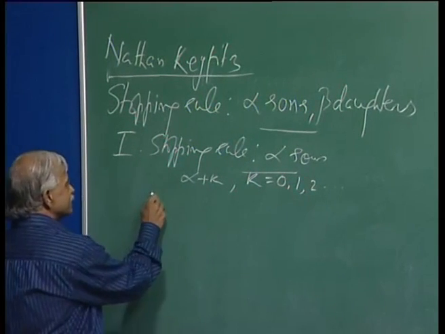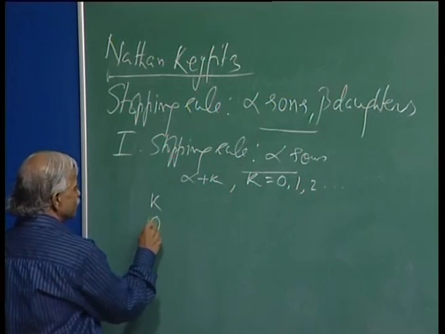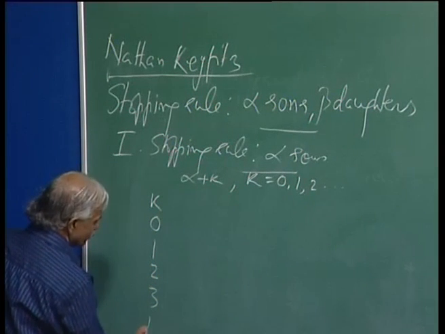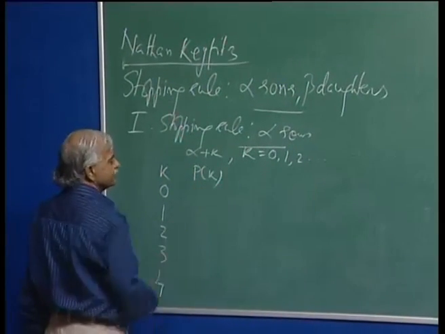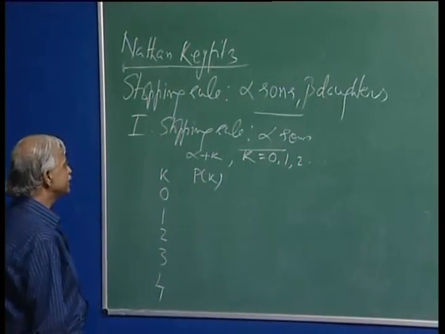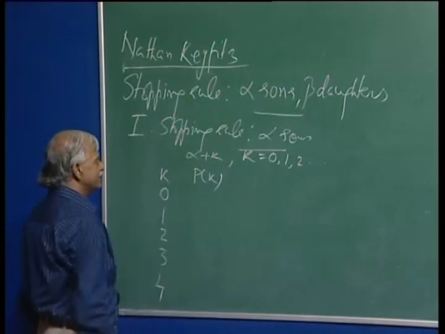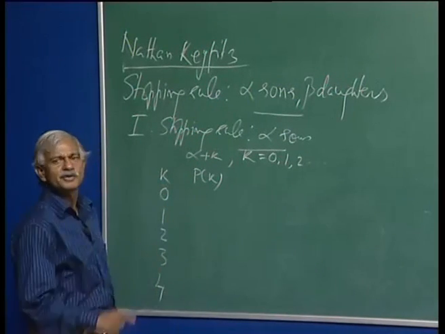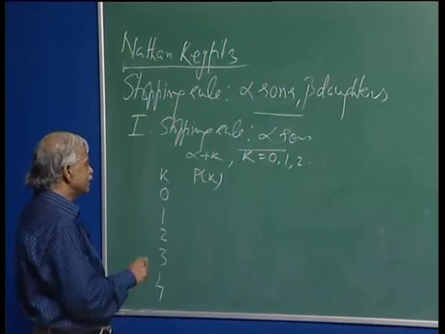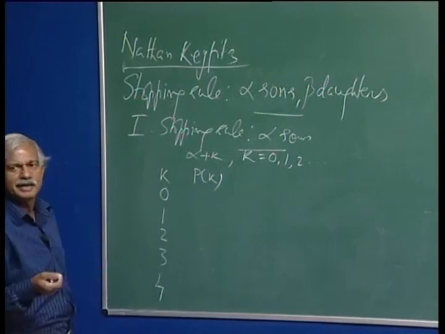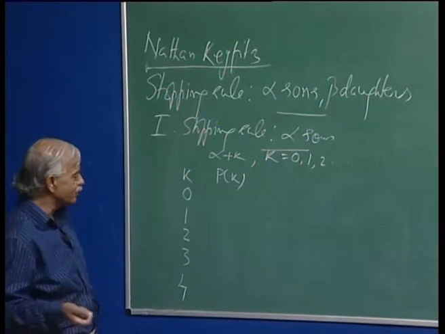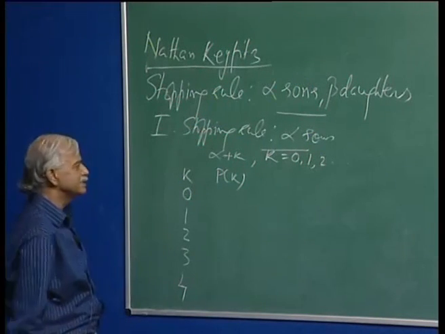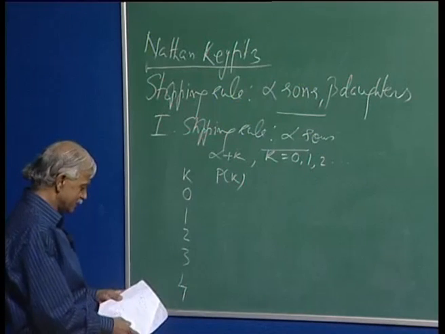Now, values of k 0, 1, 2, 3, 4 and probability of k. What is the probability that somebody will stop at alpha or alpha plus 1 or alpha plus 2? By using simple additive and multiplicative rules of probability, you can write down such distributions simply.